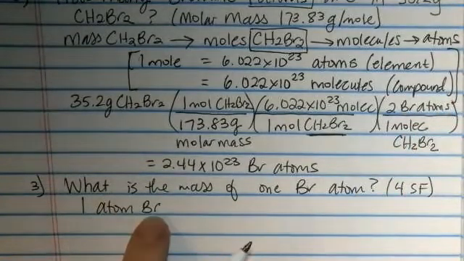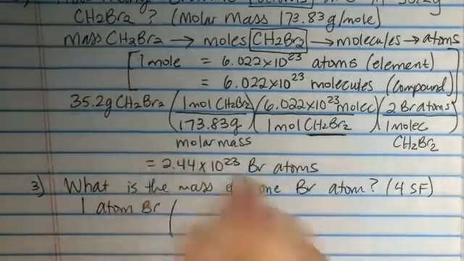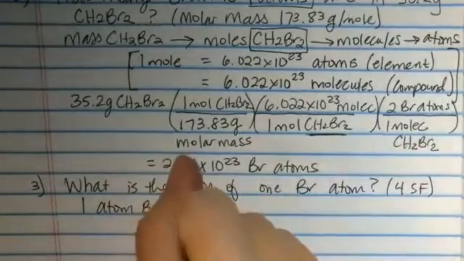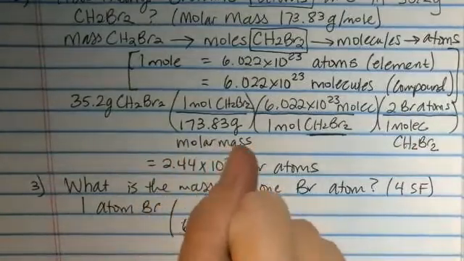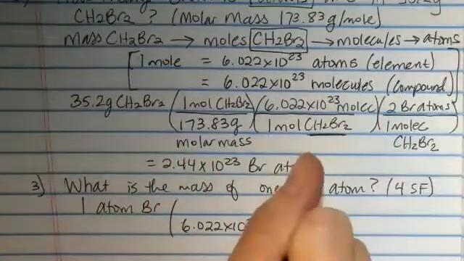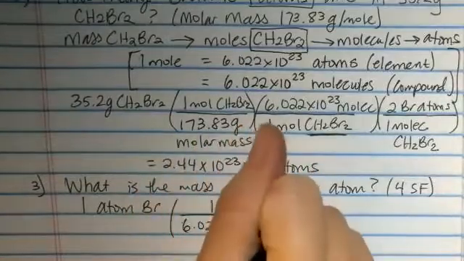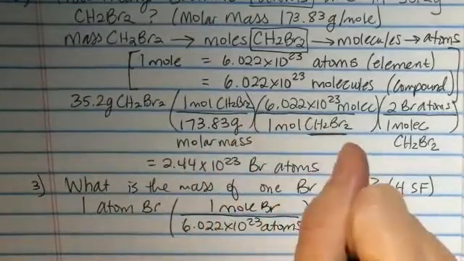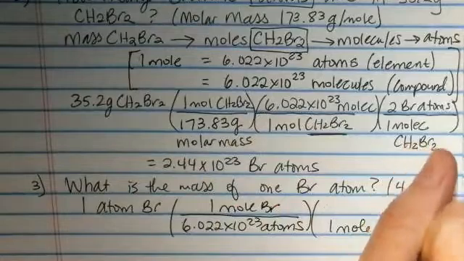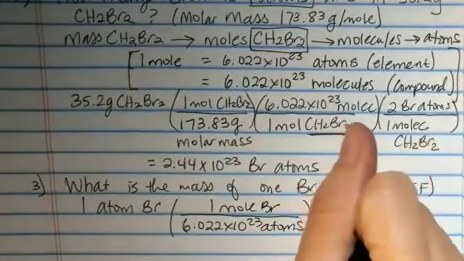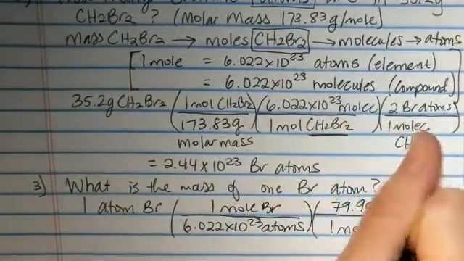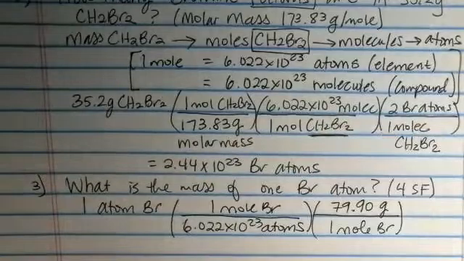So I have 1 atom of bromine. And so I'm getting rid of atoms on the denominator. So 6.022 times 10 to the 23rd particles, in this case, atoms of bromine, would be equal to 1 mole of bromine. And then in the next conversion, 1 mole of bromine, based on my periodic table, mass number 79.90 grams.